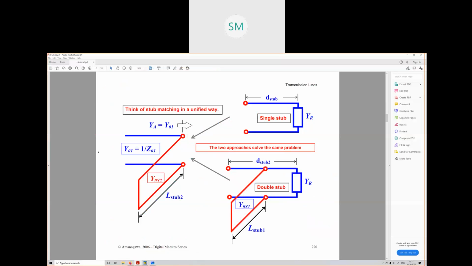See, can anyone explain this slide? If you have no doubts, then you will be able to understand this. Who will explain this slide to me?